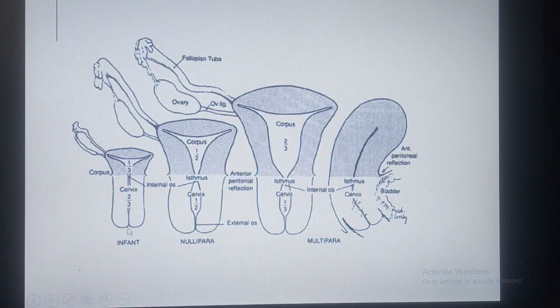So for an infant, the cervix will be about twice as much as the body of the uterus, and the same applies prior to puberty, being a child. So the ratio between the body and the cervix will be 1:2, as you can see.